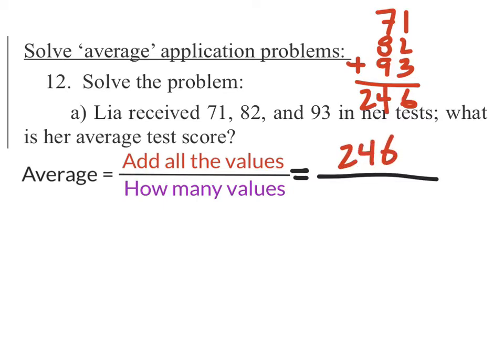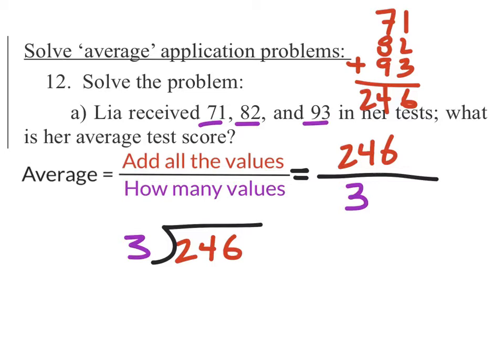And we're dividing this by how many values? 1, 2, 3. So we're going to divide this by 3, right? So 246, and we'll divide this by 3. 3 goes into 24 8 times, so that's exact right there. And we'll drop the 6. 3 goes into 6 2 times.